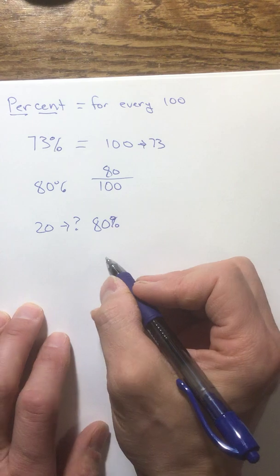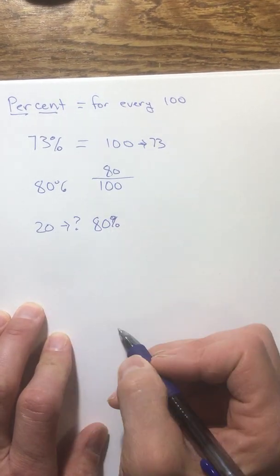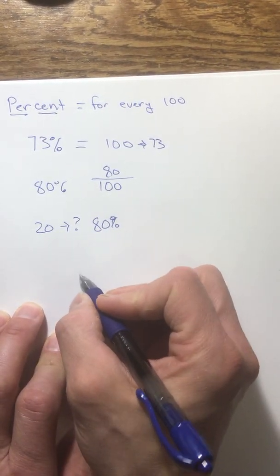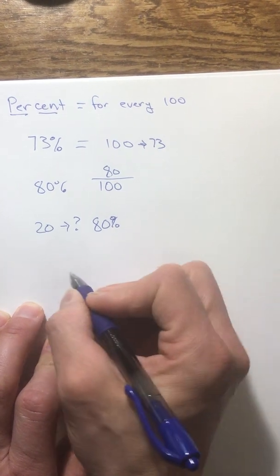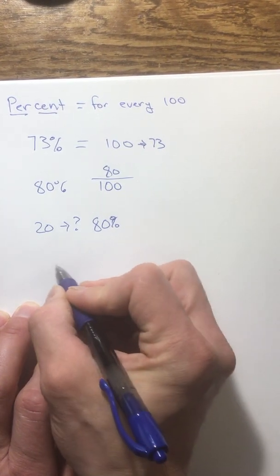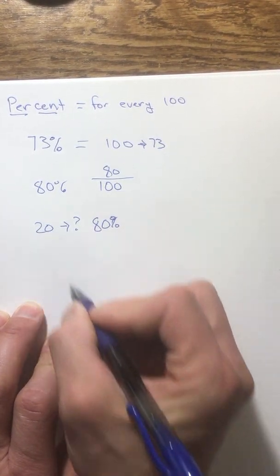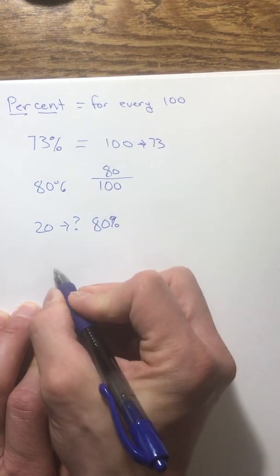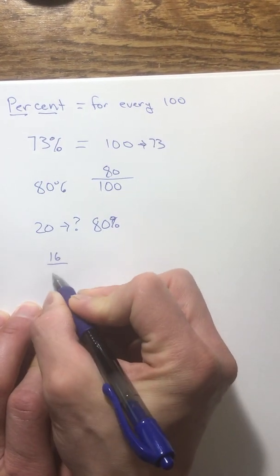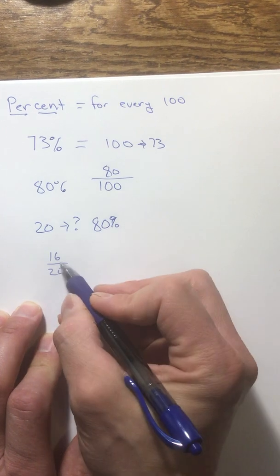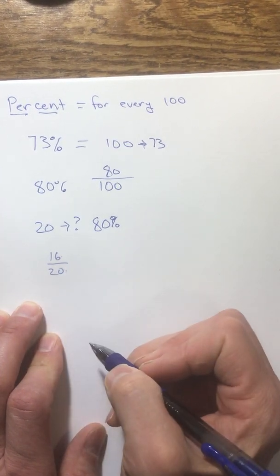Well, it's pretty easy. You can do it a couple different ways. You look at how many you got right. If you got 80% on a 20-question test, you got 16 of them right, 16 right out of 20 questions.